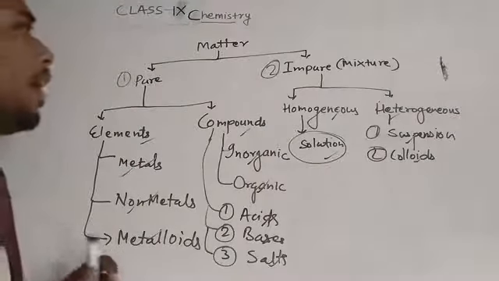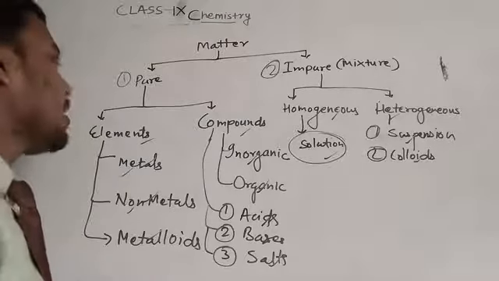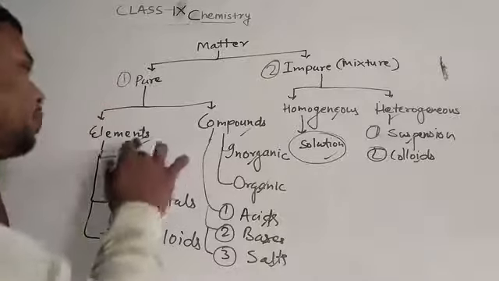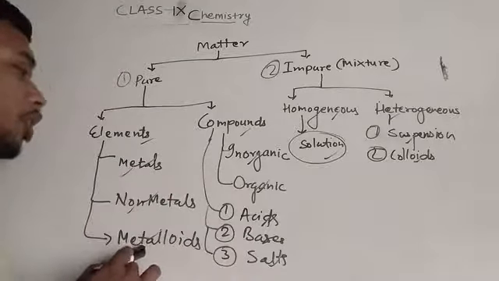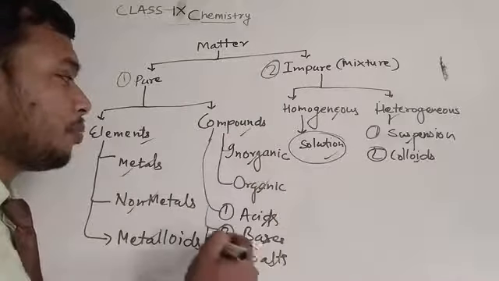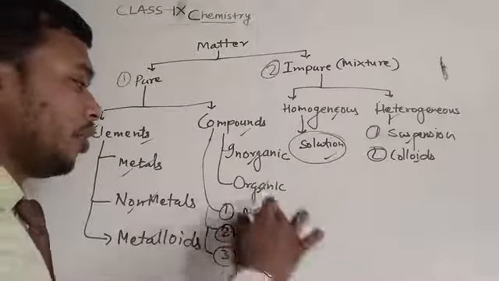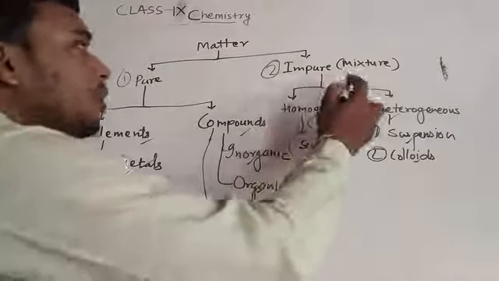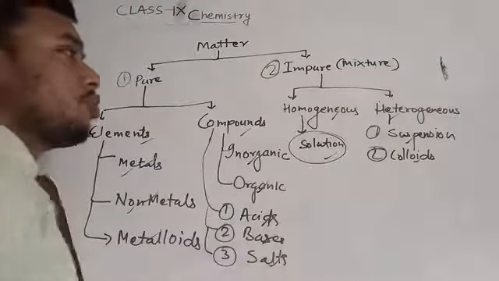All the segments of pure and impure matter we have discussed: elements, metals, non-metals, metalloids, compounds subdivided into inorganic and organic compounds, and in another way acids, bases and salts. Impure mixtures are homogeneous and heterogeneous.